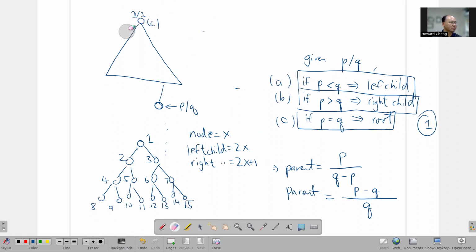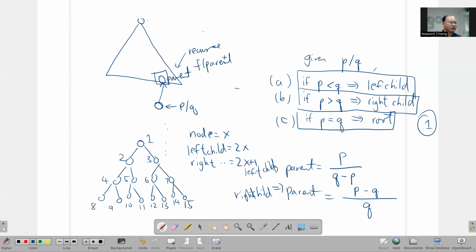What if I'm not case C? Well, then either I'm a left child or I'm a right child. In either case, I can figure out who my parent is using these formulas. And I'm going to recursively ask, what is the number here? So recurse and ask f of parent.